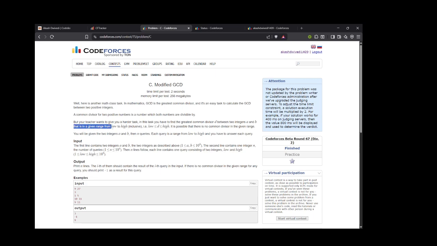that is in a given range, low to high. It is possible that there is no common divisor in the given range. You will be given two integers A and B, then n queries, and for each query you are given a range, and for that particular range you need to find the answer.